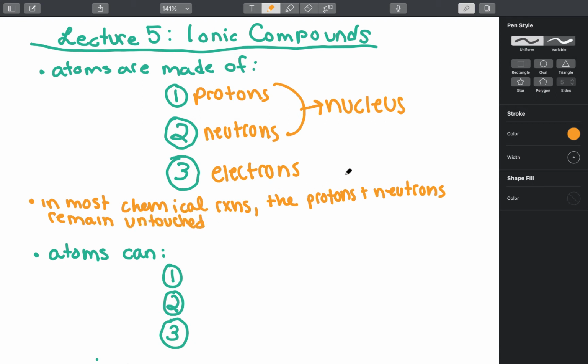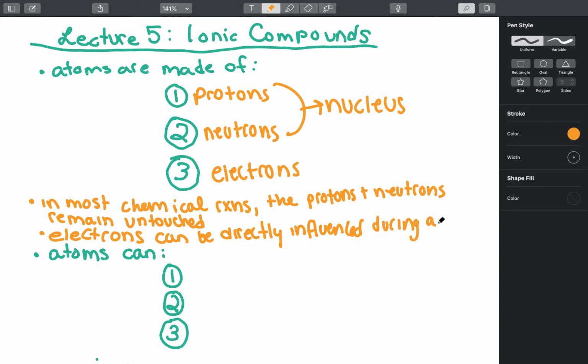So in most chemical reactions, the amount of protons and the amount of neutrons remain untouched. It's the electrons that are directly involved with the reaction. So electrons can be directly influenced during a reaction.